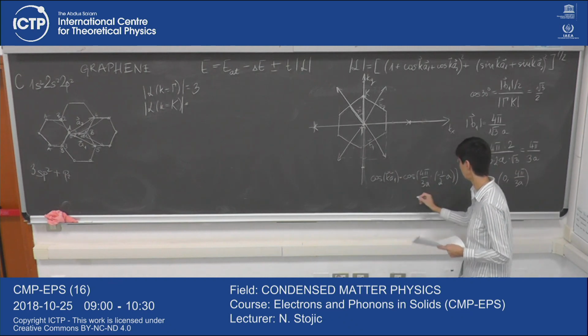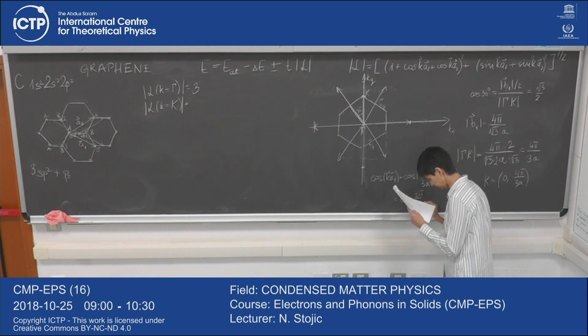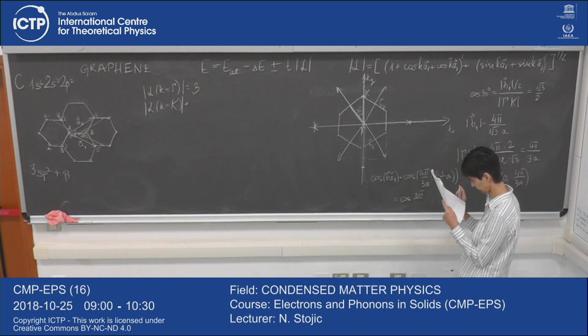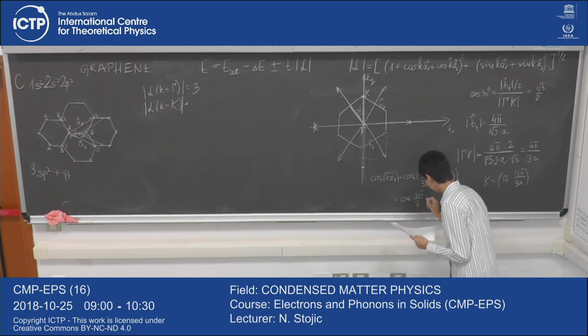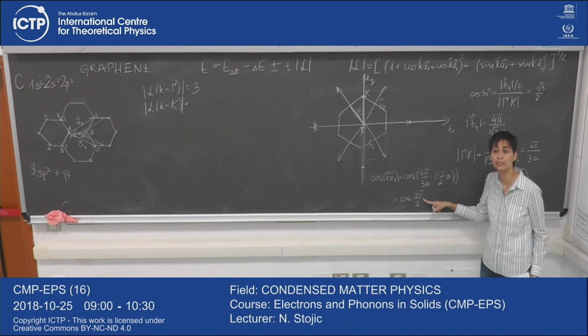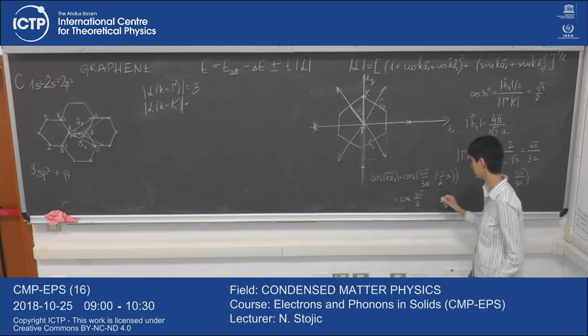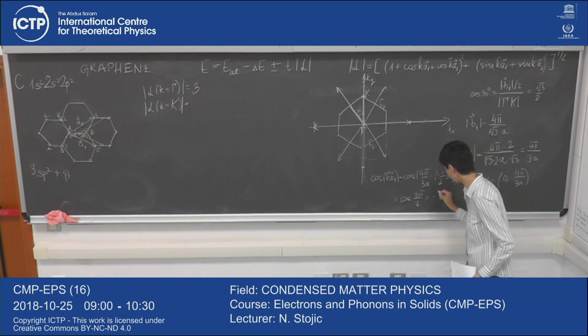This is equal cosine of 2 pi over 3. This is 120 degrees. Cosine of 120 is, I think it's minus 1/2.